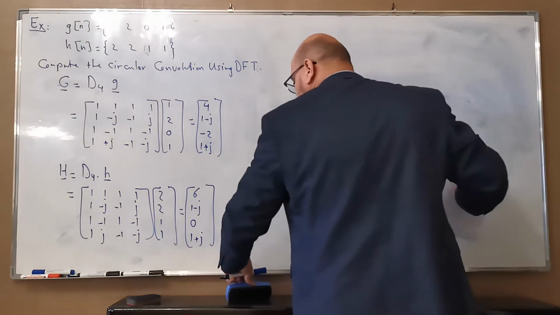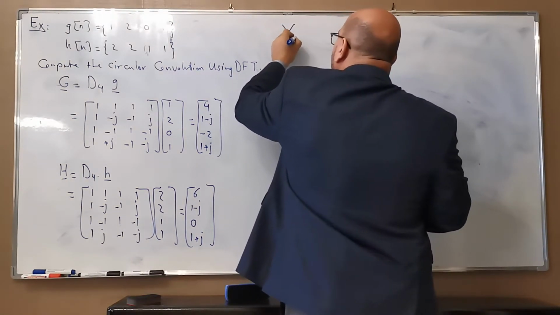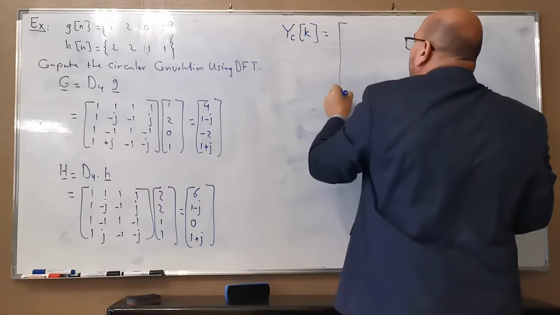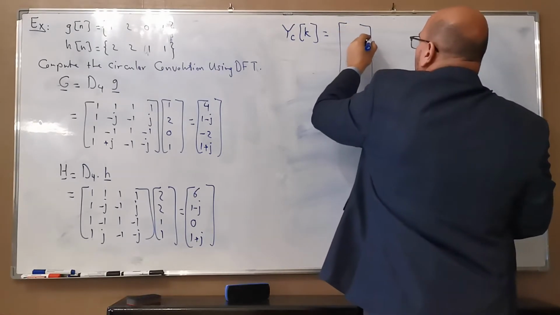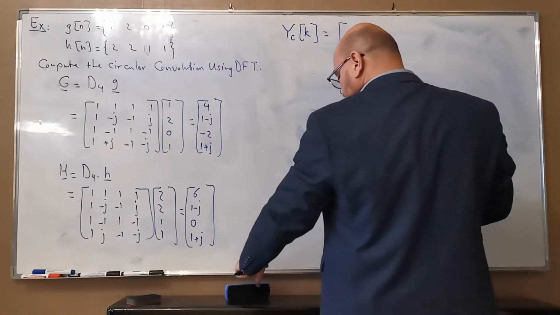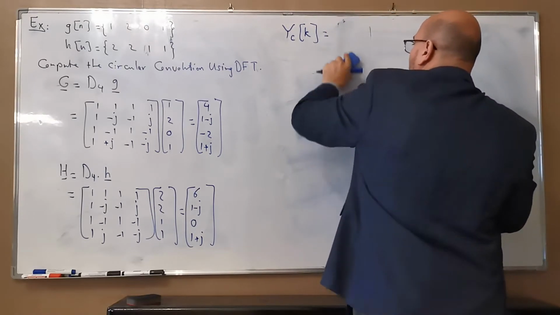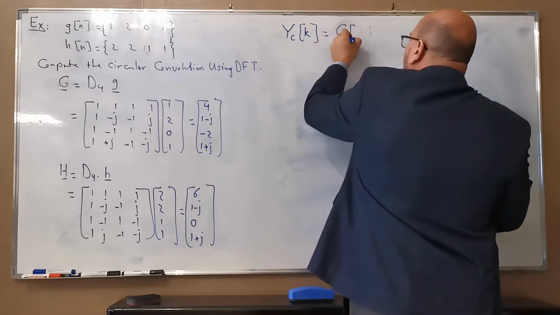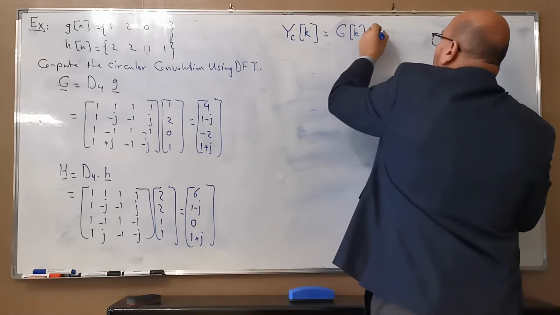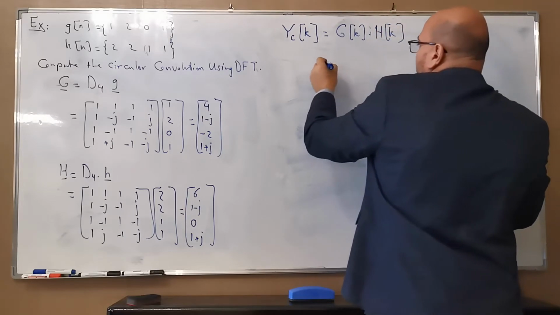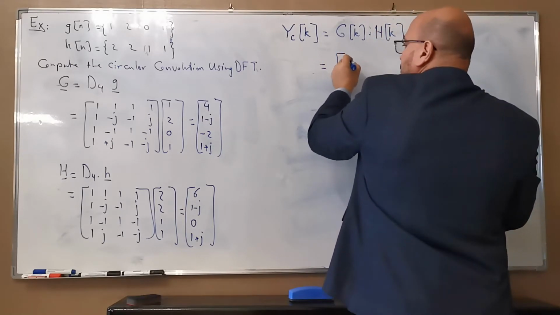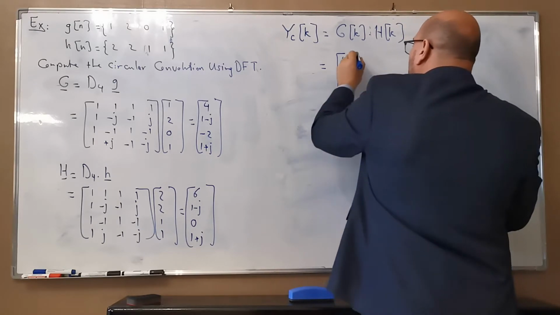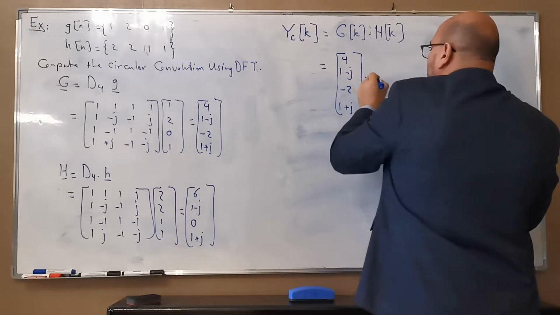So our y sub c of k is equal to the multiplication of g of k times h of k. So this is 4, 1 minus j, minus 2, 1 plus j, and you have here point by point multiplication.